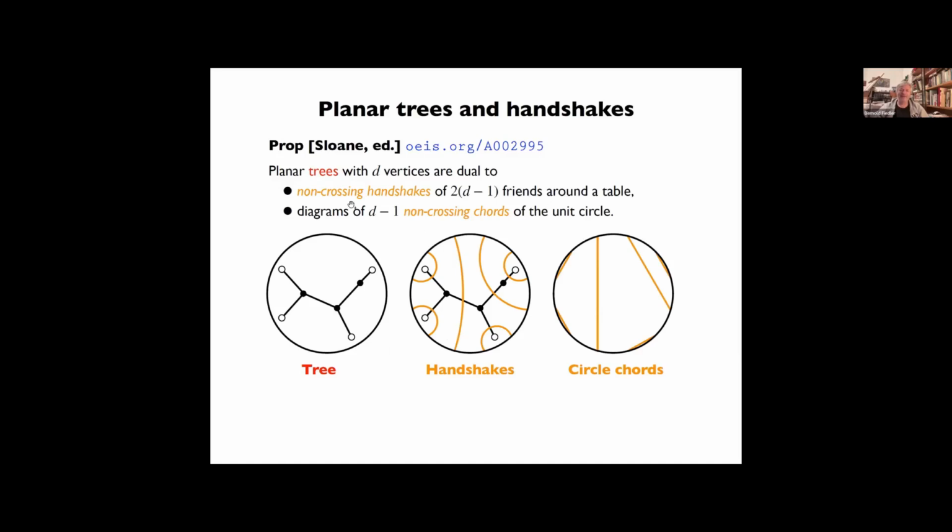So if you have seven vertices, you can seat 2 times 6 friends around a table and ask them to shake hands. Now, they should shake only one hand, not both, okay? So one hand goes to the back and you shake hands, but the handshakes should be simultaneous and not crossing each other. That's the orange curves. And the handshakes are equivalent to the planar trees.